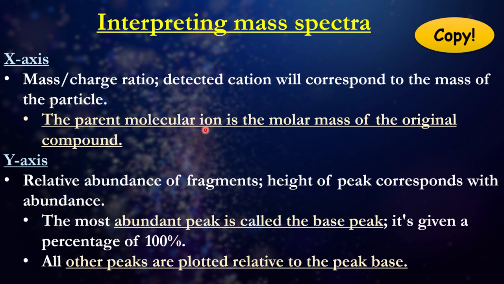You can use that to help work out the molecular mass of the original compound you vaporized and then ionized. On the y-axis, it tells you the relative abundance of the different fragments of that particular molecule. And remember, every peak is plotted relative to the base peak, the most abundant fragment that you have.